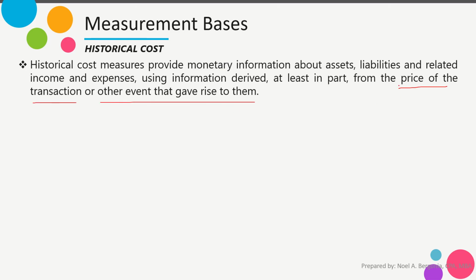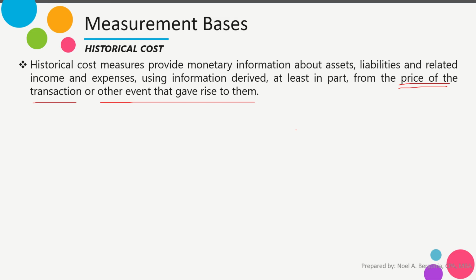In other words, historical cost is the original transaction cost or the original transaction price of that particular element. It is important to take note that it is the original transaction price.